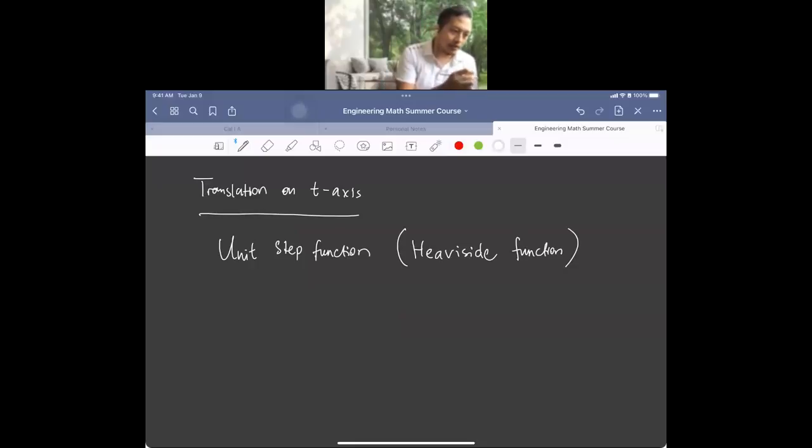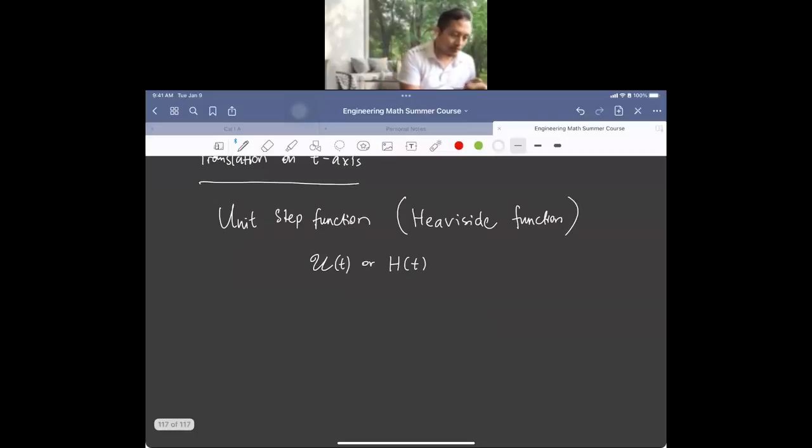Usually we write the unit step function with a symbol like u but with some curve. In some textbooks you can check, they usually use h. This is the unit step function.